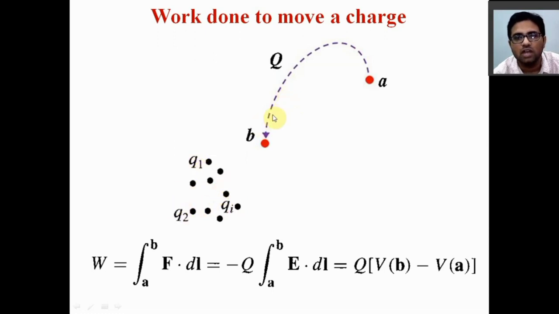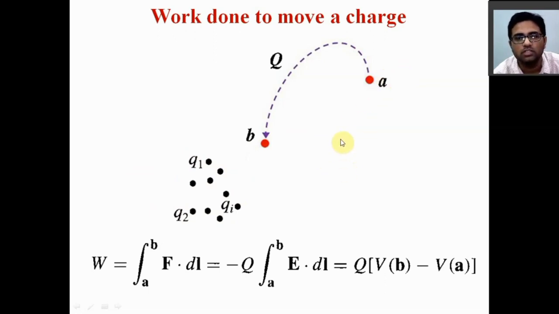As the charge Q is positive, the force will be applied along the direction of the electric field, which is along this outward direction. Here we are considering these charges to be positive as well, so the electric field direction will be along this outward direction.